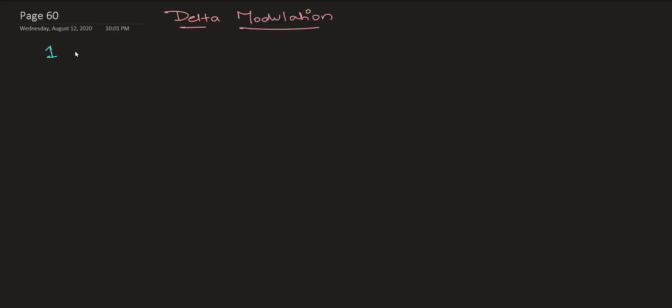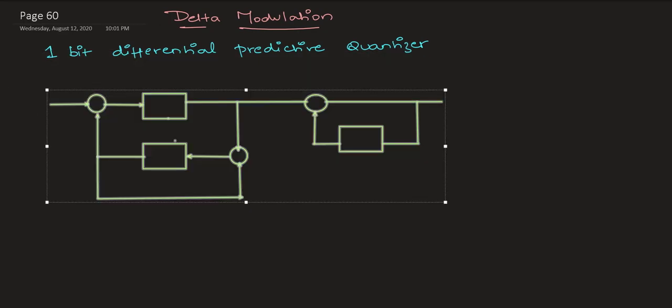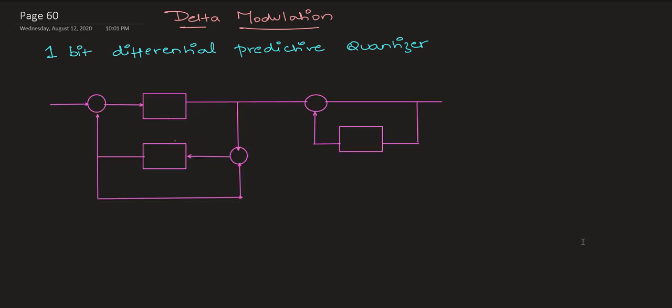Now we're going to see 2 examples, one of which is delta modulation, the second is sigma delta modulation. So what is delta modulation? A delta modulation is your differential predictive quantizer. It's all the things that we have seen till now, except that here we are going to use a 1-bit quantizer. So your quantizer in delta modulation works with just 1 bit. 1 bit means you're basically talking about a switch, right?